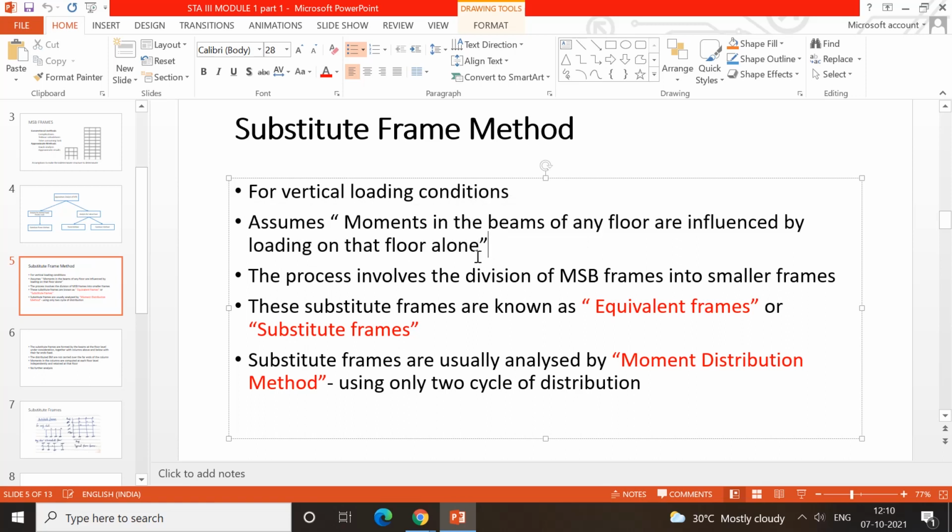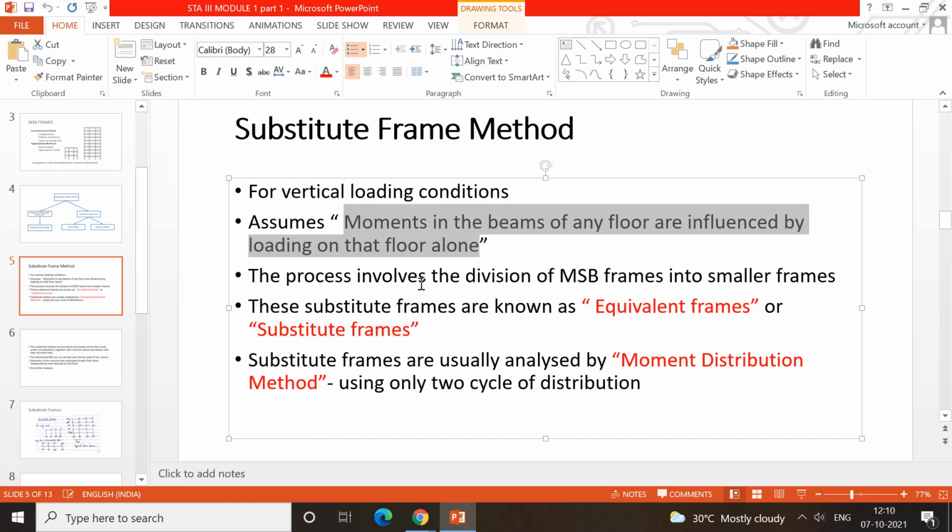This is one of the important assumptions. Whenever you consider any beam on a particular floor level, we will not consider the influence from the other floors. We'll consider the beams on that floor alone.